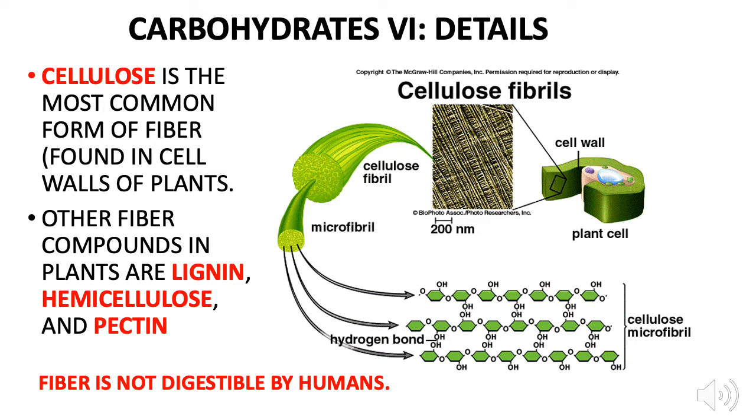And this constitutes what amounts to being a compound that, while at one level seems to be energy rich, we as humans do not have the enzymes that are capable of digesting cellulose. Now, there are enzymes out there in the world of biology that can.